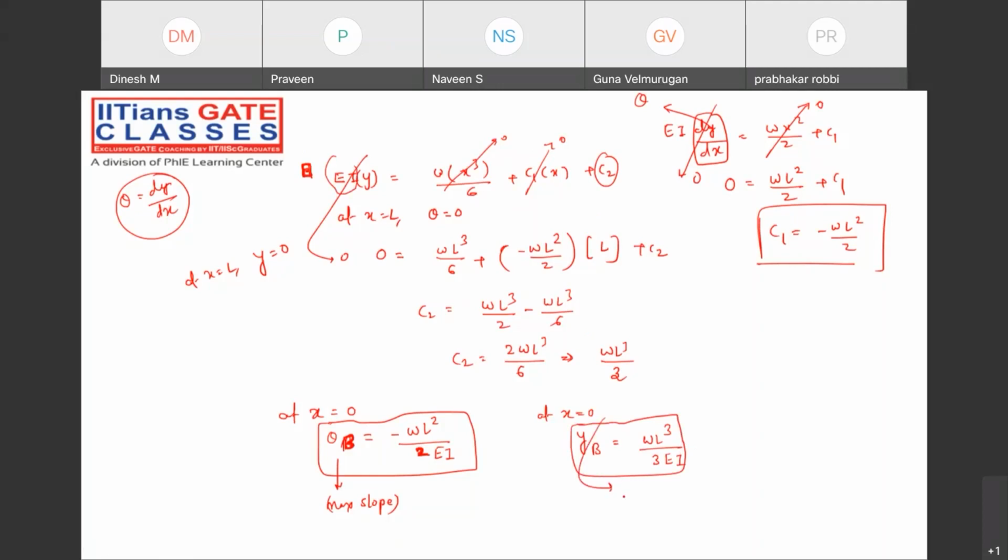That is the maximum deflection formula. Note down, very, very important. Highly important. Now, once it is done, please let me know.